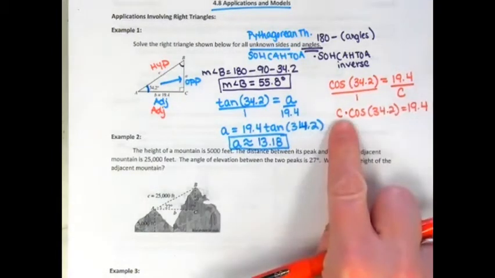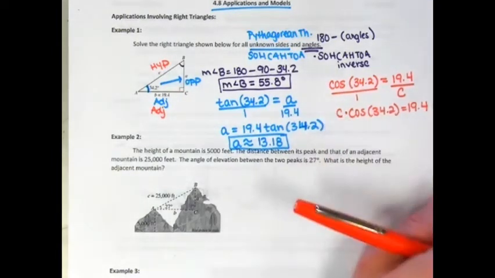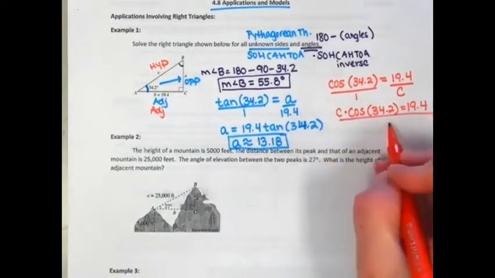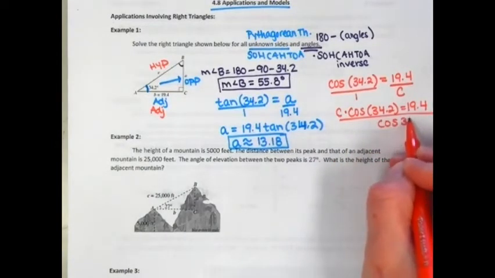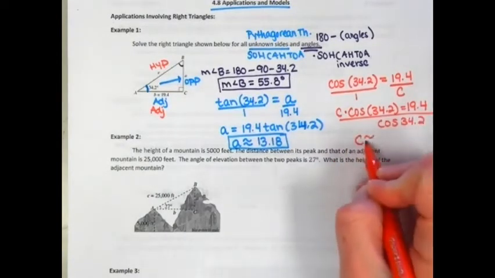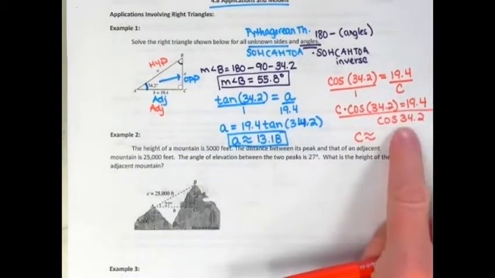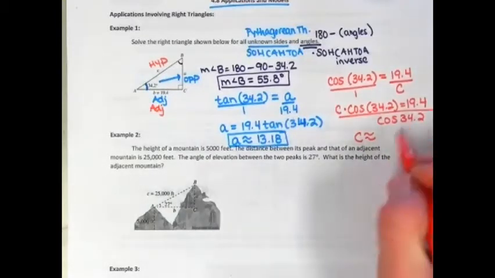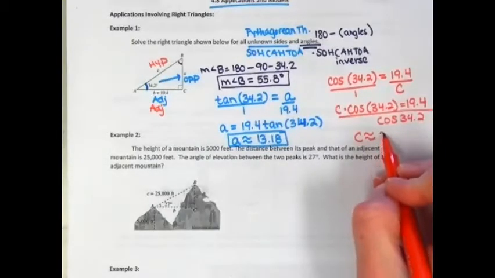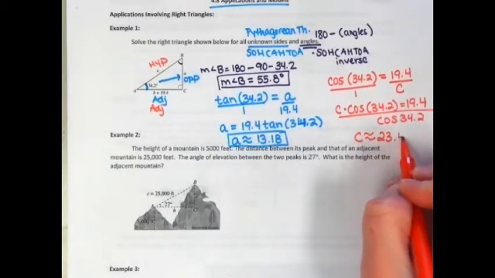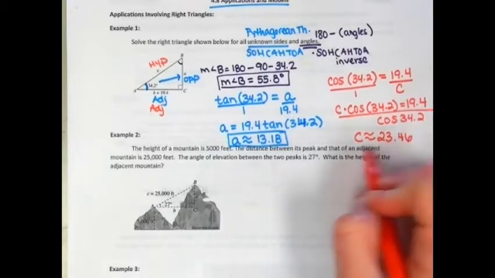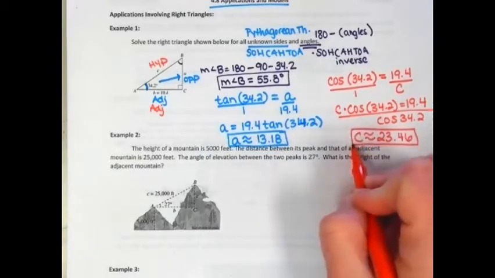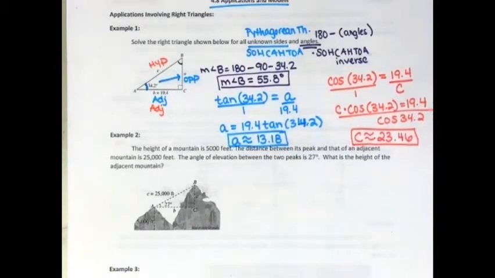But then as we said, to solve for C, you would divide by the cosine of 34.2. So C would be approximately 19.4 divided by the cosine of 34.2, which is 23.4. Right. Any questions with that?